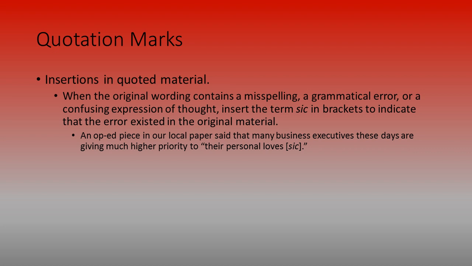Insertions in quoted material. This is one of my favorites actually. When the original contains a misspelling, a grammar error, or a confusing expression of thought, put the term sic in brackets to indicate that the error existed in the original and it wasn't yours. And sic means so, or this is the way it was.